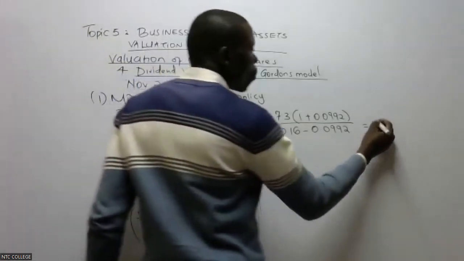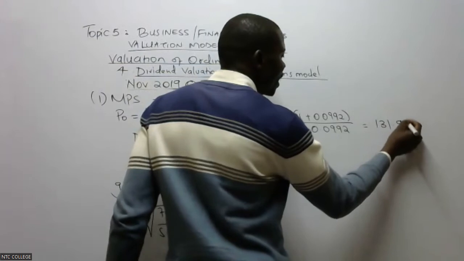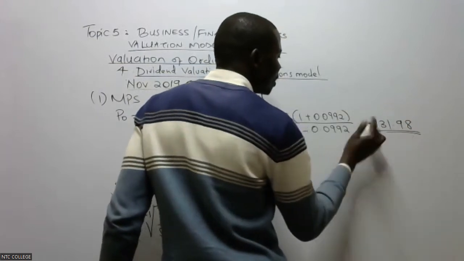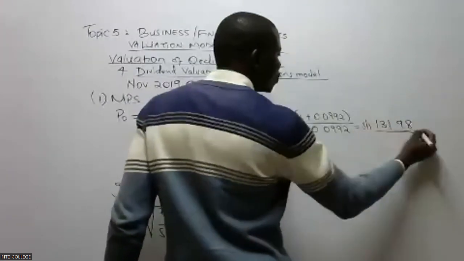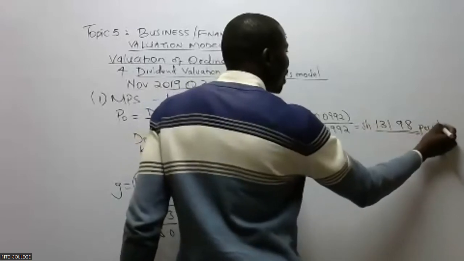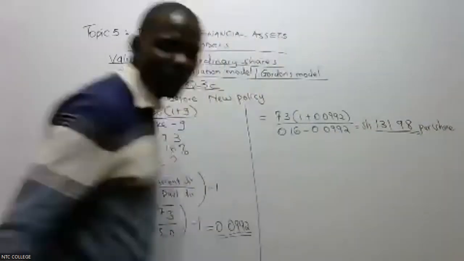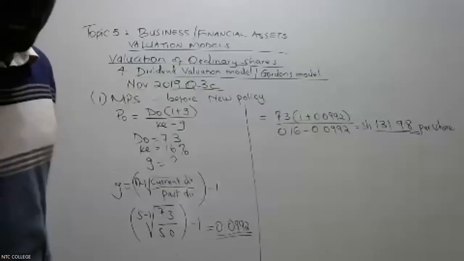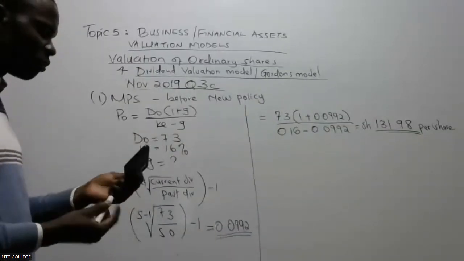Thank you. 131.98. So this is shillings 131.98 per share. Right? That is how we calculate the first part of it.